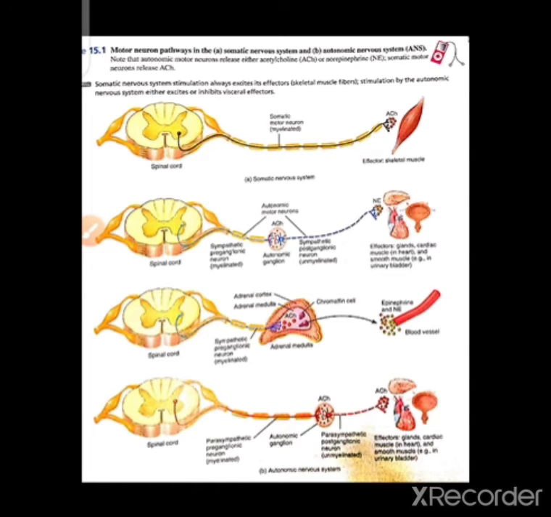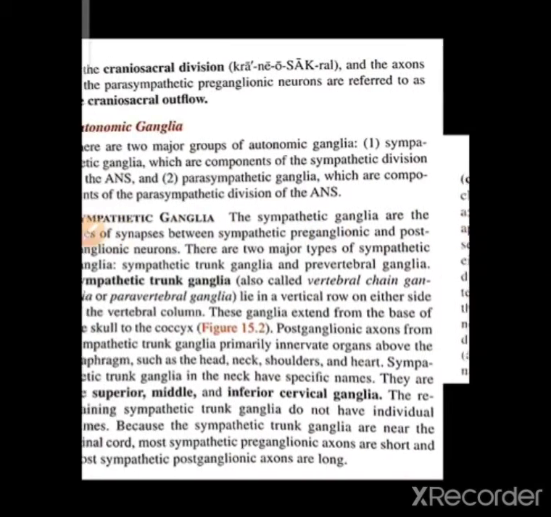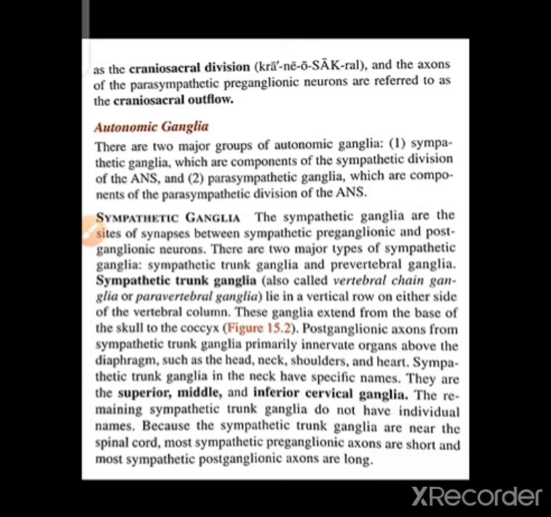Now you can see the second group of sympathetic ganglia is the prevertebral or collateral ganglia. The sympathetic trunk ganglia supply the upper half of the body above the diaphragm, from the head, neck, heart, and the upper trunk, so it innervates organs above the diaphragm, such as head, neck, shoulders, heart.